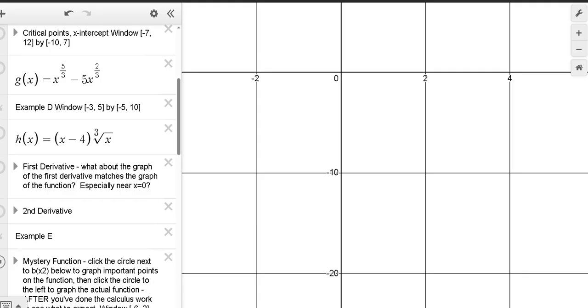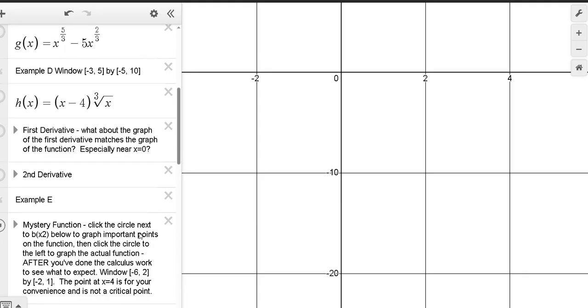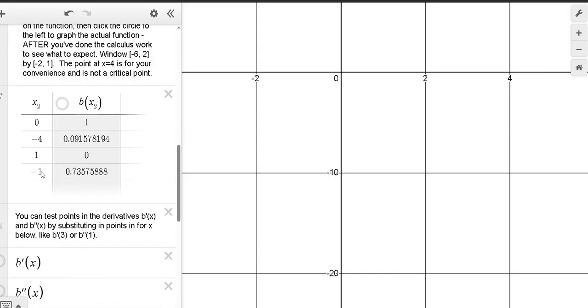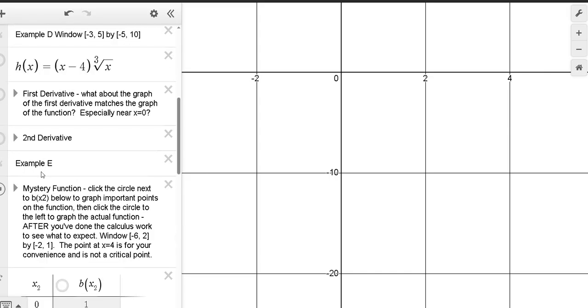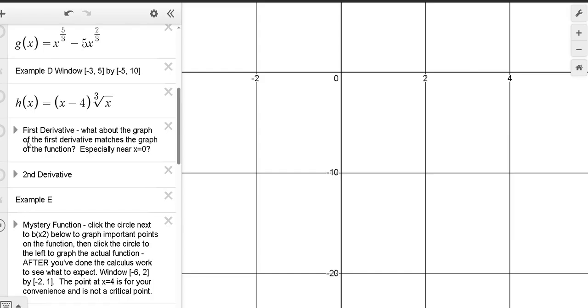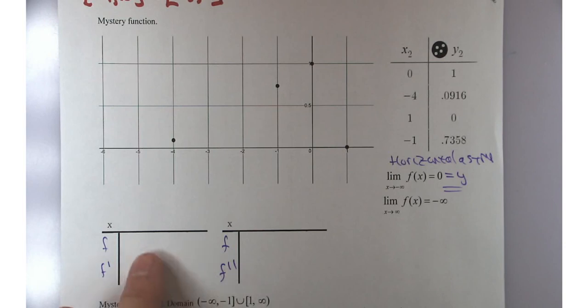So, let's see. You know, I didn't set this one up the way I thought I did. Rats. So, what we could do is test the function and its derivative at these points. I think the derivative at that one is going to be 0. So we can do a little testing of points.